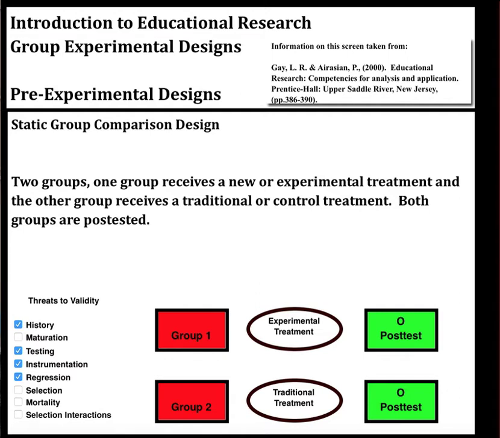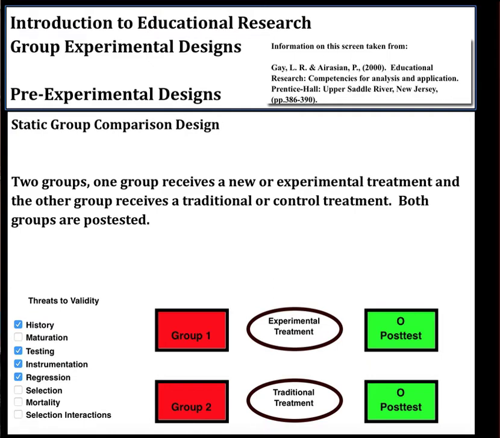The static group comparison design has two groups. One group, group number 1 on your screen, receives a new or experimental treatment, and the other group, group number 2 on your screen, receives a traditional or control treatment. And then both groups are post-tested.